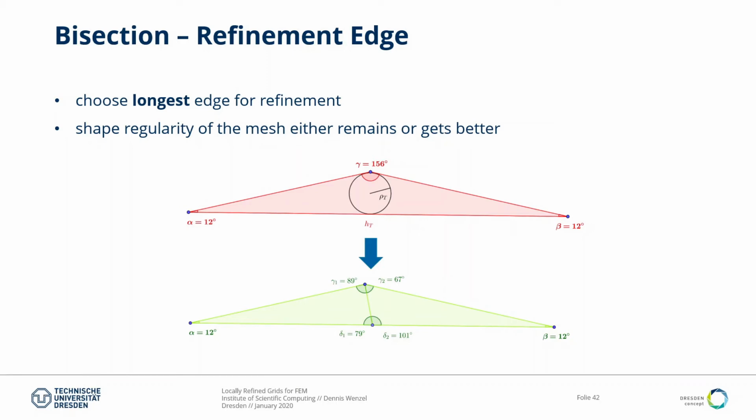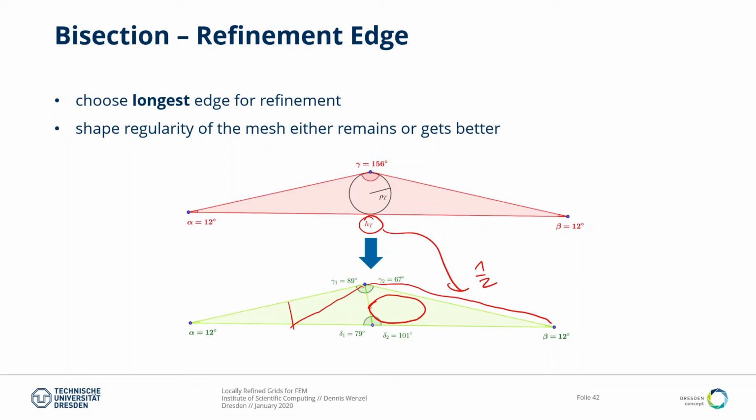So the shape regularity of them is better, because if you put the in-circle here, okay, that's not a circle, it's an ellipse, but then the longest edge of this is only half of what the original longest edge was, and the in-circle diameter has remained more or less the same. So your constant is getting much better, and if you do this adaptively again, then you would, after one step, arrive at almost perfectly shaped triangles, and that's very good.